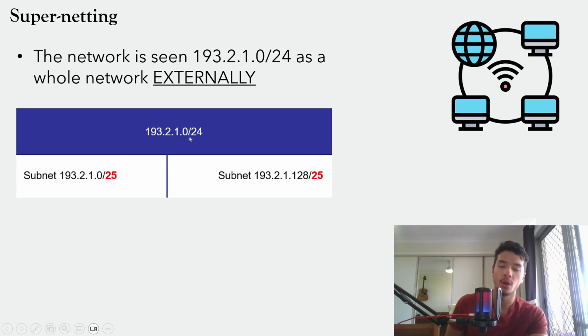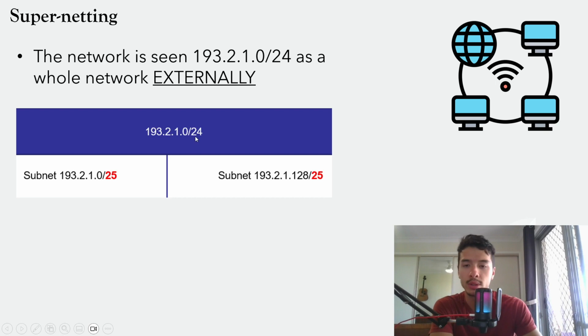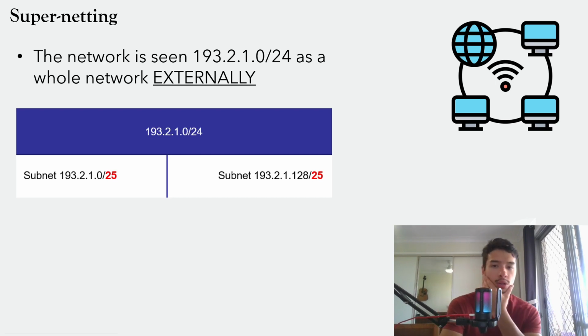With the /24 CIDR notation you've got 256 potential hosts, including network and broadcast addresses. If it was split into two subnets, 128 would be the start of the next subnet, so you can see we've got 0, then 128 is your second subnet in terms of where they start in the IP address.